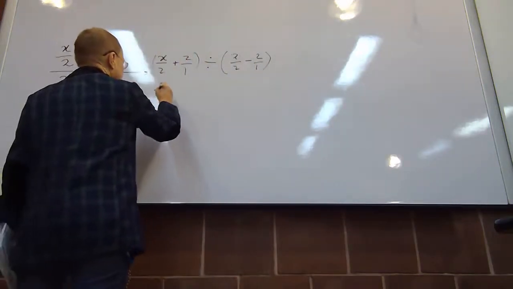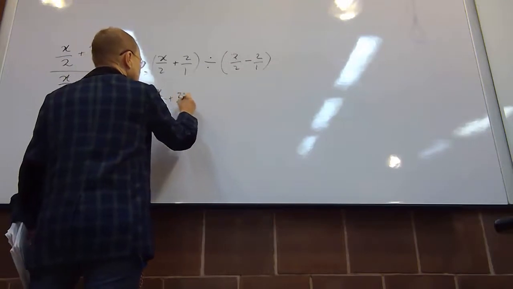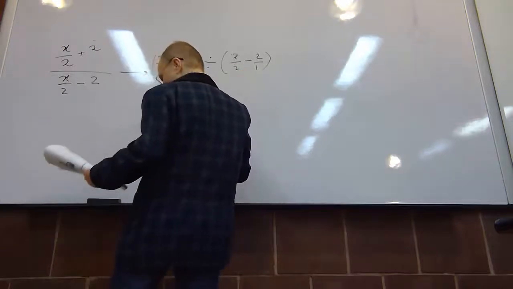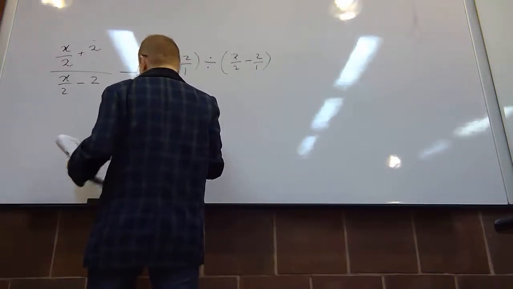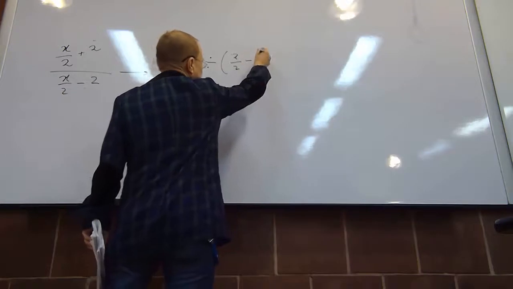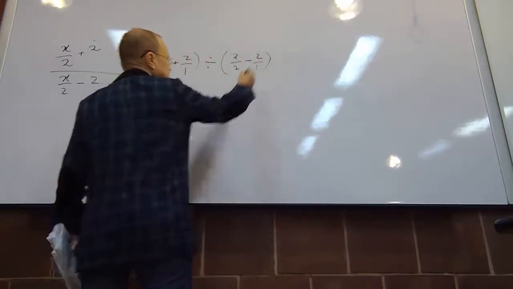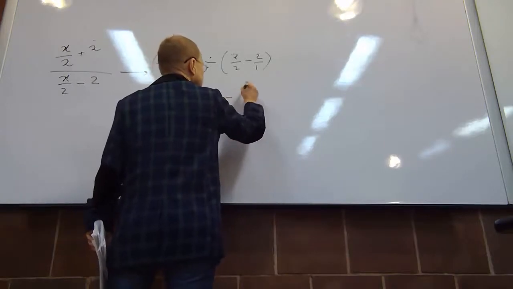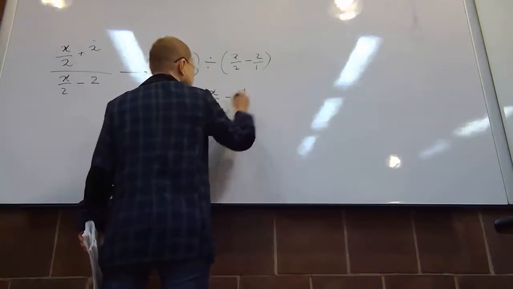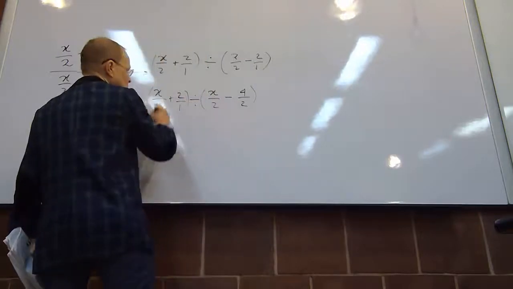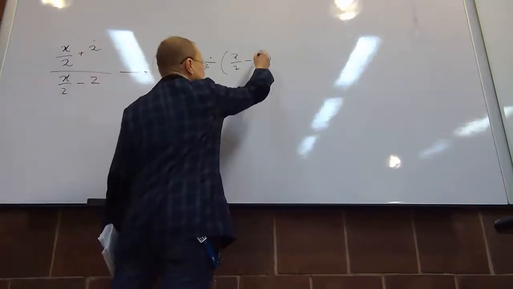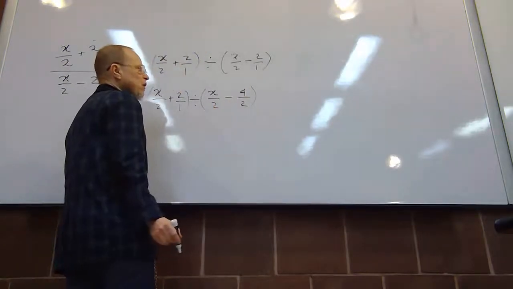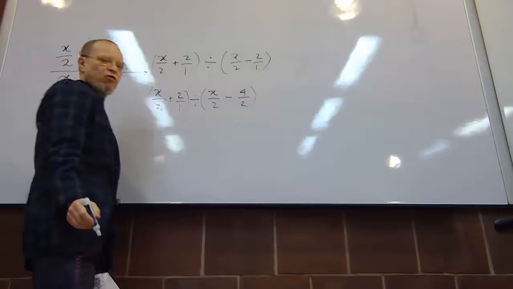So I can have x over 2 plus 2 over 1 divided by, and I see we can turn this into something over 2. So I go x over 2 minus 4 over 2. So does everyone see how what I did is, this is 2 over 1, but 4 over 2 is the same thing as 2 over 1.